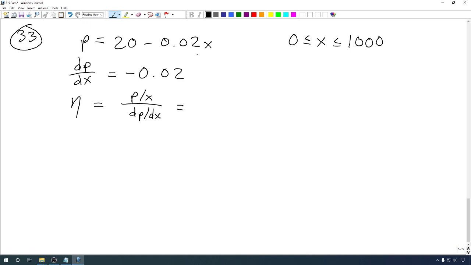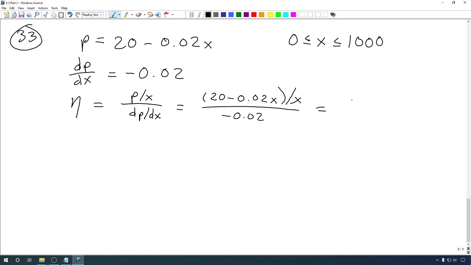P here is this formula here. x just stays as it is. And then we put in our formula for the derivative. So we have 20 minus 0.02x divided by x, and also divided by negative 0.02. Now we can simplify this.